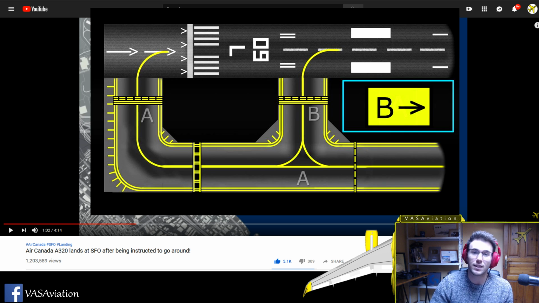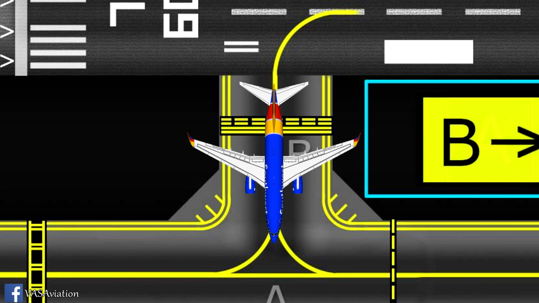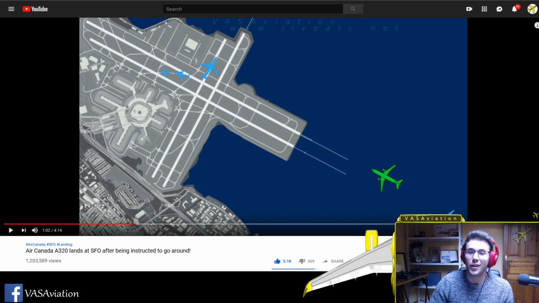Holding points and exit taxiways have different marks painted on the surface, which represent a crossing bar to consider a runway vacated or still occupied. We can say Southwest 3117 had not crossed that crossing bar yet, so it's still considered as occupying the runway, forcing the Air Canada to go around, but Air Canada will never acknowledge such instruction.